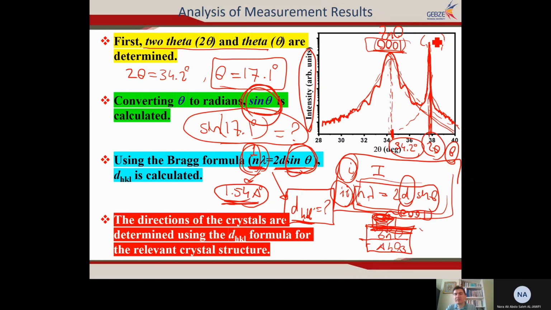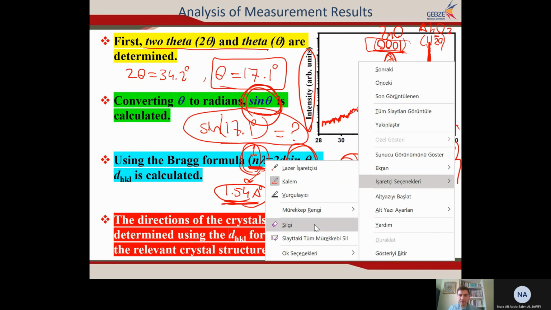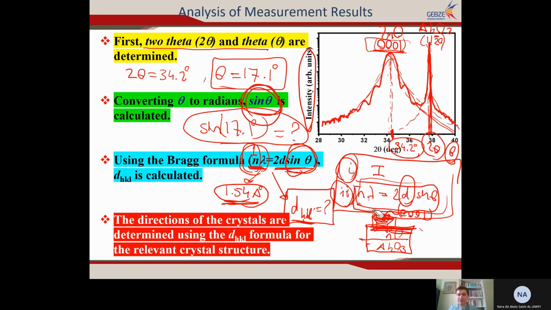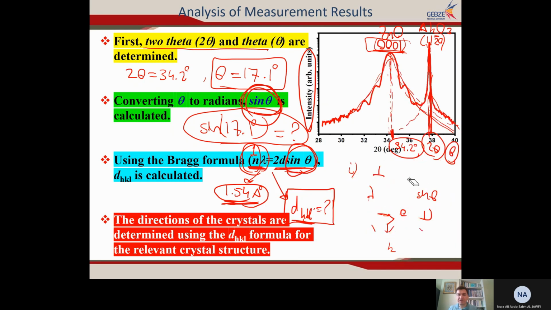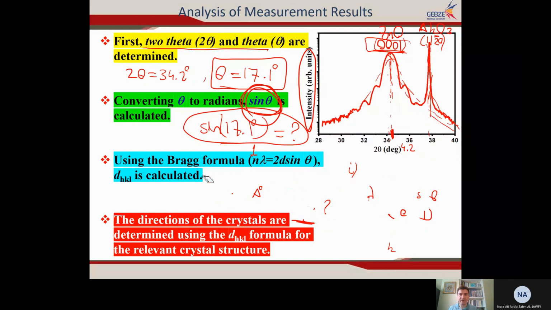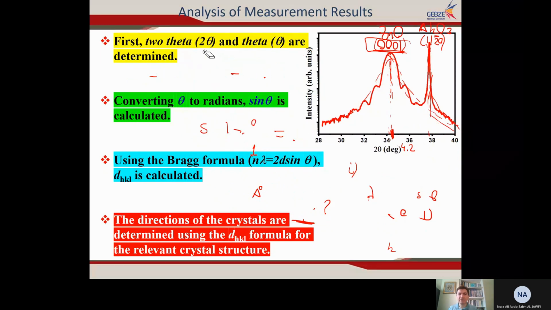And I know from my old information, this belongs to aluminum oxide, and this is, I think, the 1 -2 0 surface. So with Bragg's law, you can get a lot of information from these real X-ray diffraction measurements, but here I would like to tell you something else with the intensity.